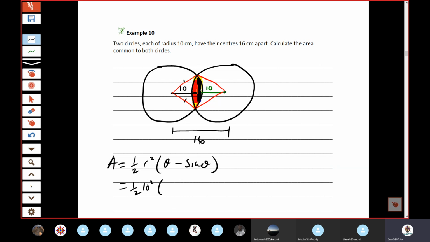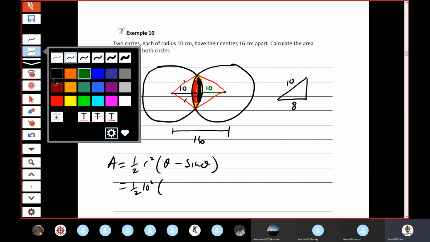But I think I can see it now. Okay, so this is 10. Wait, let me just make sure. Yeah, no, it cuts halfway. So that's 10. That plus that, that's 8. Smart. Okay, so how am I going to show this to you guys?